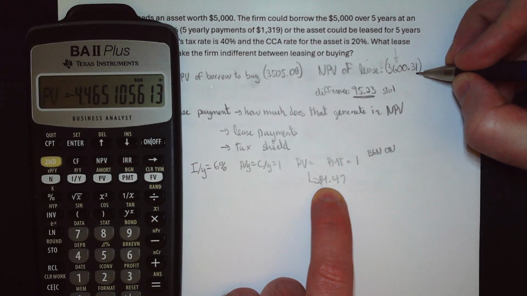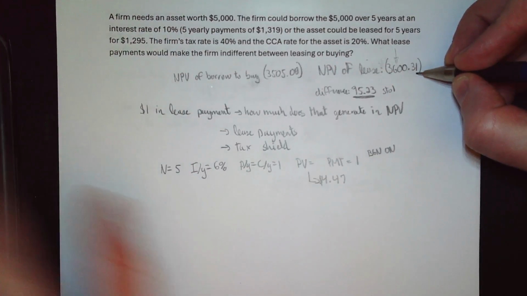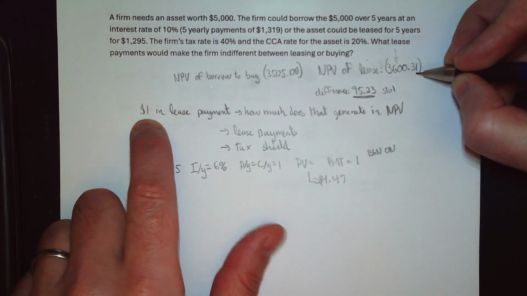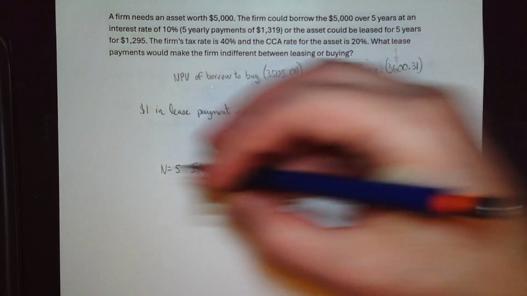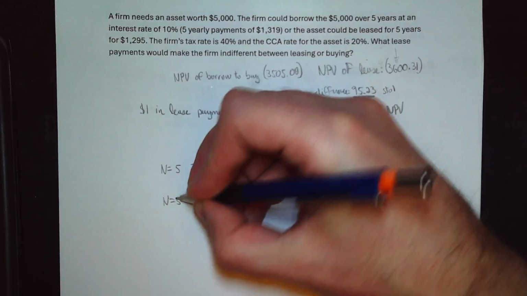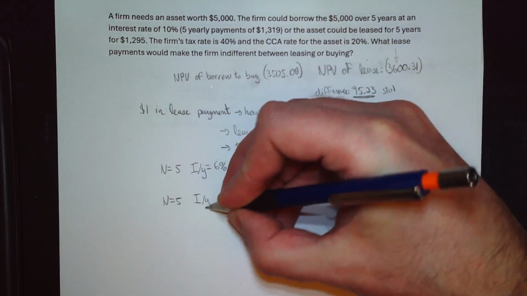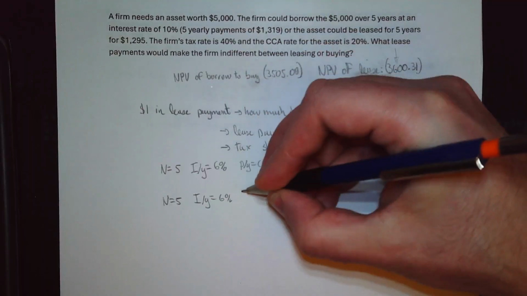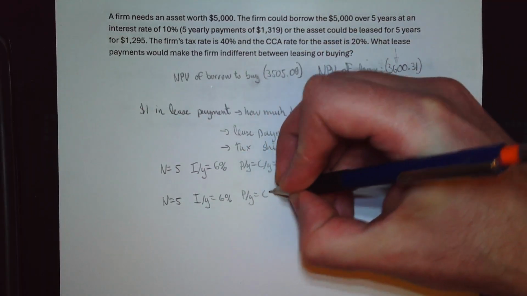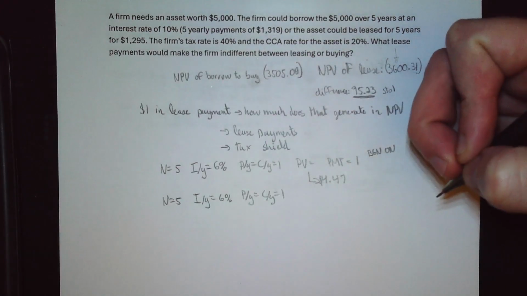But that's not the only cash flow generated by $1 more in lease payment. We also get the tax shield. So then we can find the NPV for $1 of tax shield. These numbers will all be the same, so the N, the interest rate, and the P over Y will all be the same.